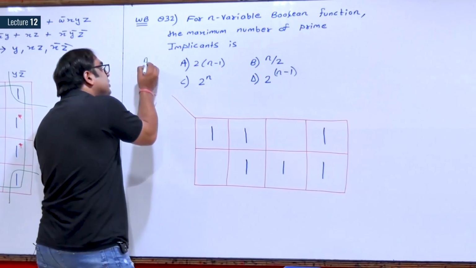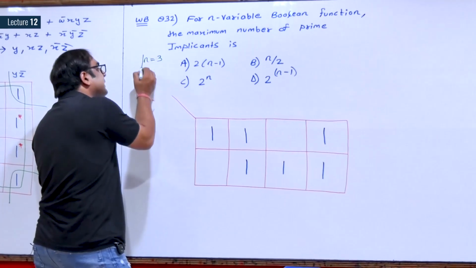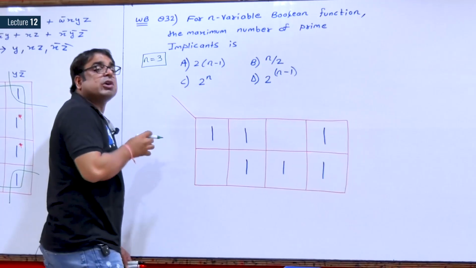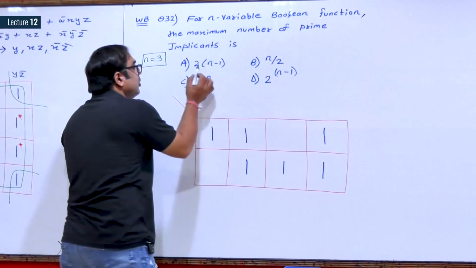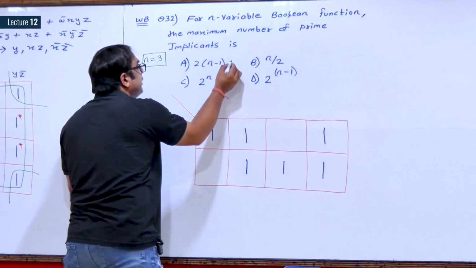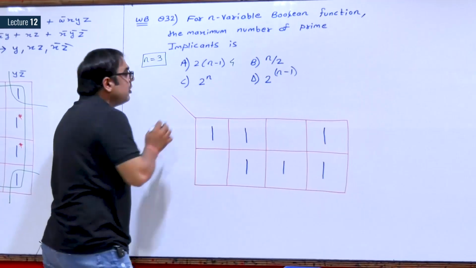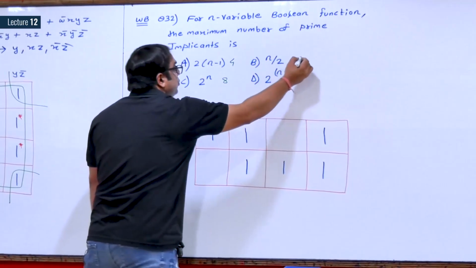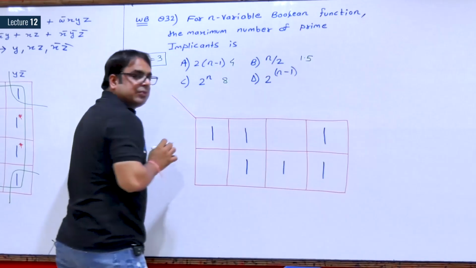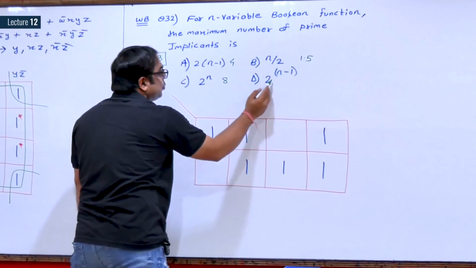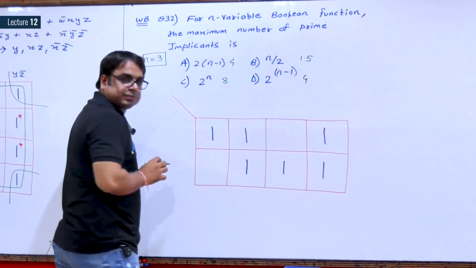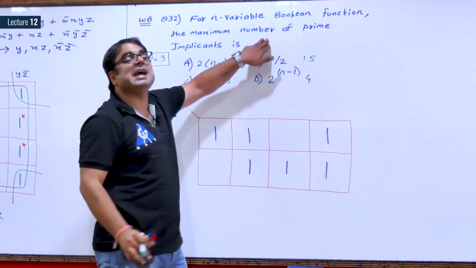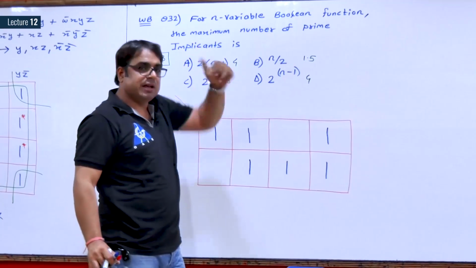If I want you to consider n is equal to 3, what is the possibility of the answer? 2 into (3 minus 1), 2 into 2, this is 4. 2 to the power 3 is 8. 3 by 2 is 1.5. 3 minus 1 is 2. 2 to the power 2 is 4. These are the possibilities of the maximum number of prime implicants for 3 variables. Let us check.